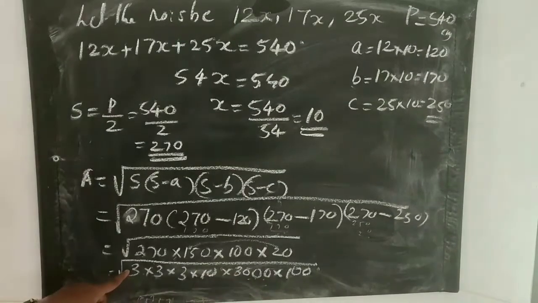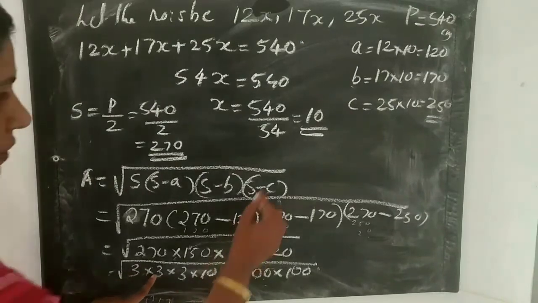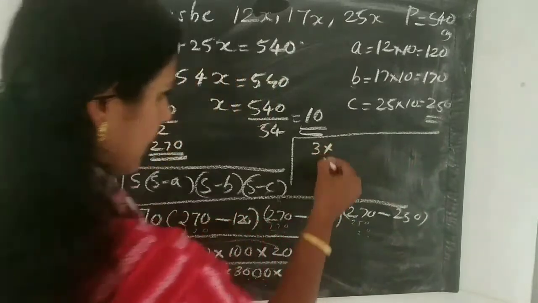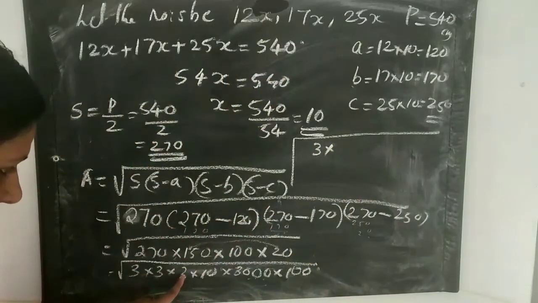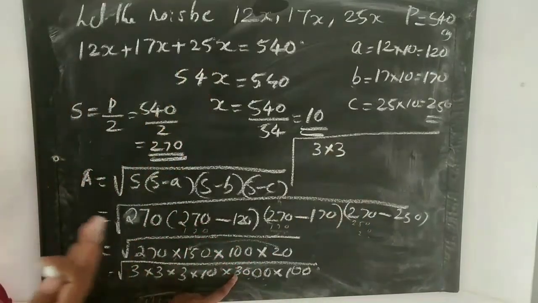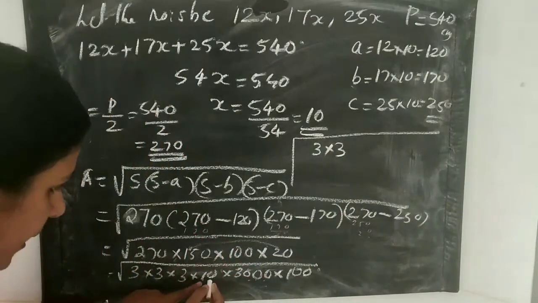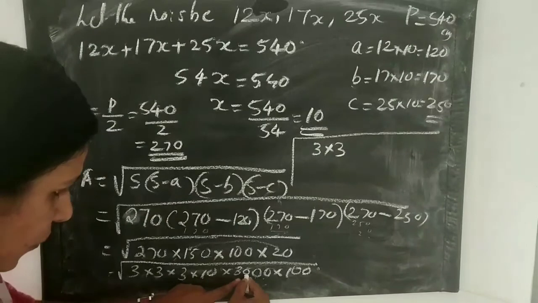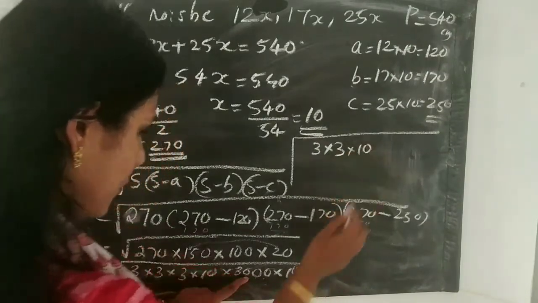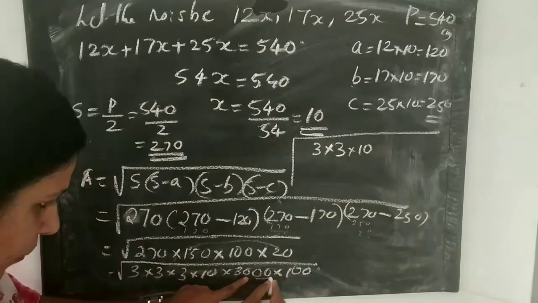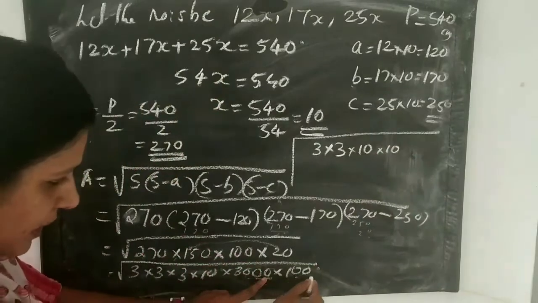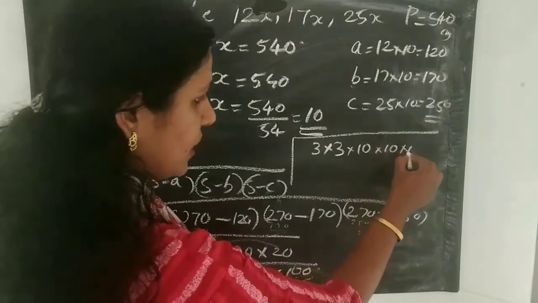From 3 into 3 we get 3 outside. Now from 1 2 0 we take 10 outside, and from these two 0s we get 10 out, and from these two 0s we get 10 out.